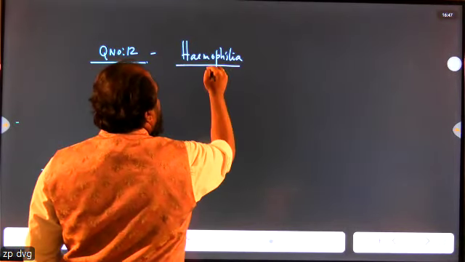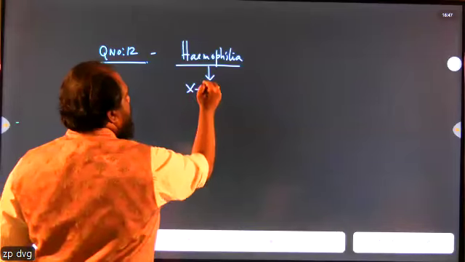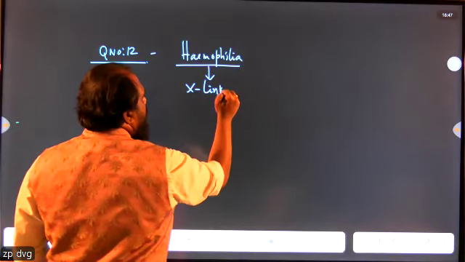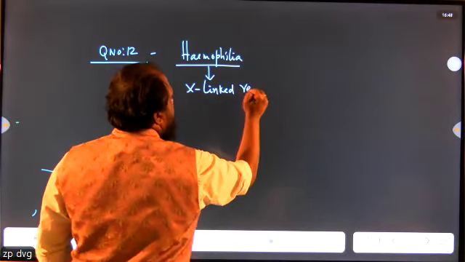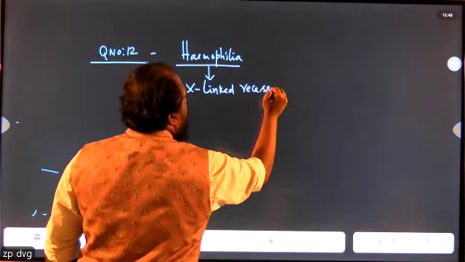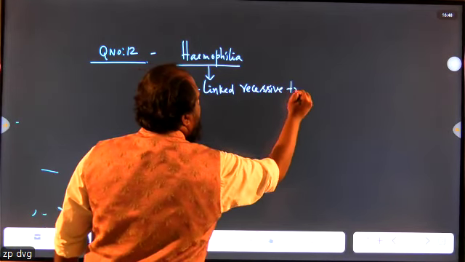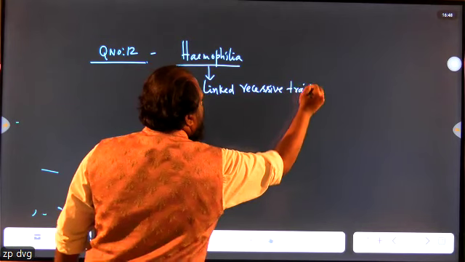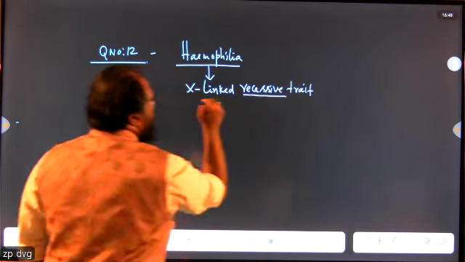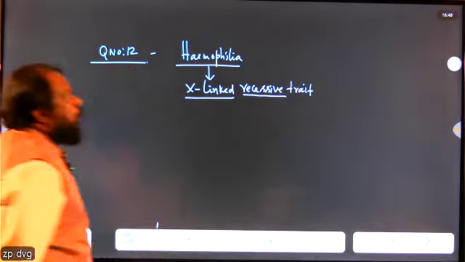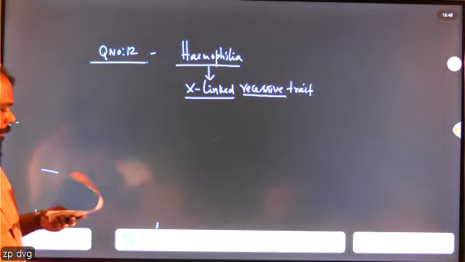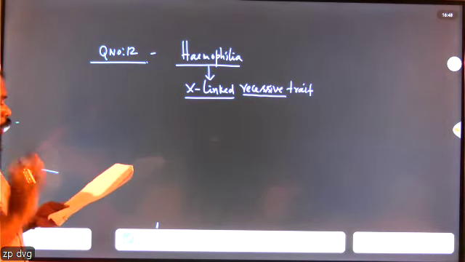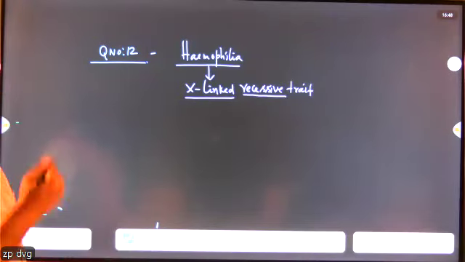Hope you remember hemophilia is an X linked recessive trait. That means it is due to the recessive gene which is present in the X chromosome. They are telling father is a normal genotype, mother is a carrier.